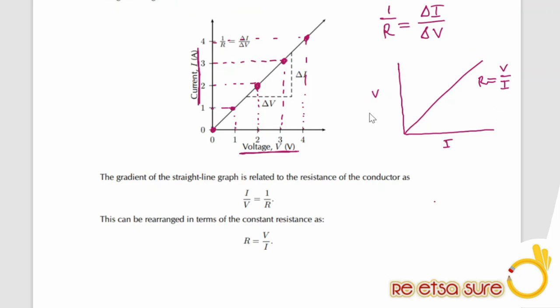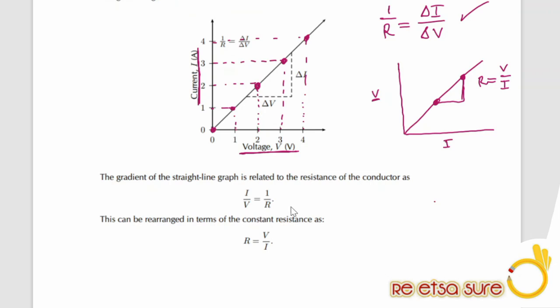But if you are given V, the potential difference, on the y-axis and the current on the x-axis, the gradient of that graph represents the resistance. Because the gradient of a straight line is related to the resistance of the conductor. As you can see, I over V is equal to 1 over R.